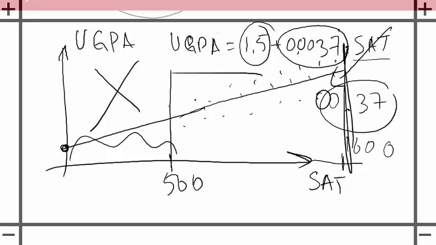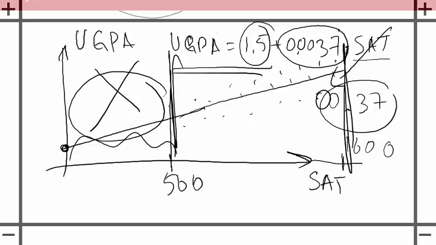Strictly speaking, this is the data which I used, right? It's in this range from 500 to 1600. I didn't have any numbers below 500. So when I'm saying that this is the interpretation, 0 SAT university GPA is 1.5, I'm assuming that this line will keep going like that, which I don't know if it's true or not. May or may not be, right?